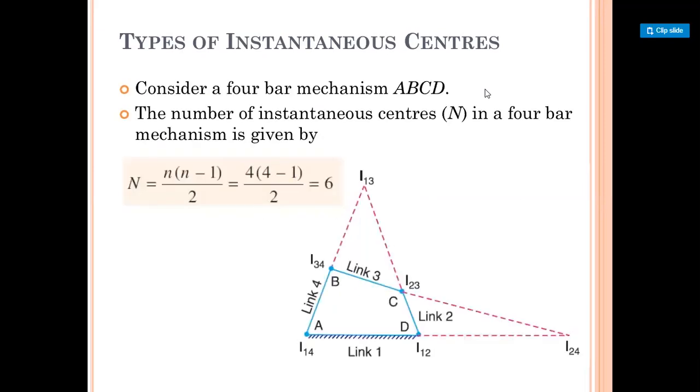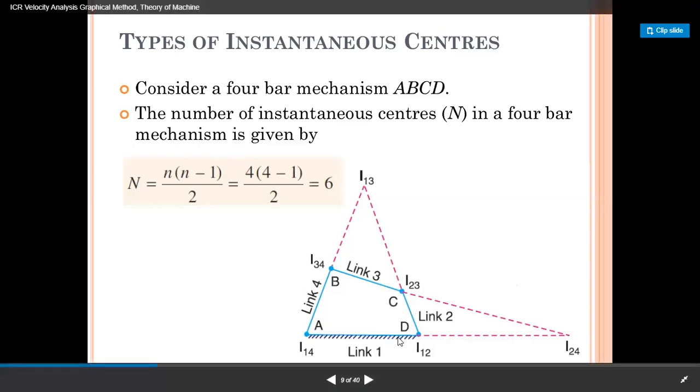fixed instantaneous centers, right? You can say I12 and I14 are two instantaneous centers which are located on link 1, which is AD, right? You can see that this link AD is a fixed link, right? This is the symbol of a fixed link.